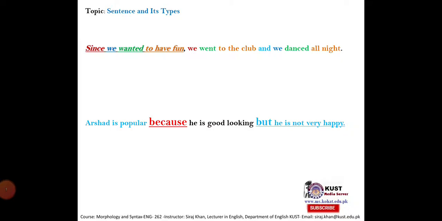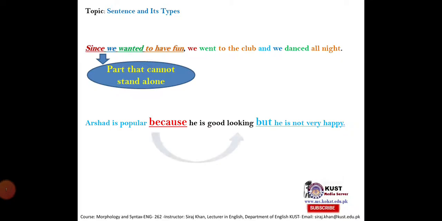So three clauses are there, two independent and one dependent clause. Since we wanted to have fun, the arrow gives us the clause that cannot stand alone. And in the second, because he is good looking is the part that cannot stand alone.